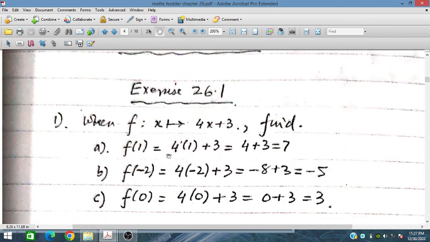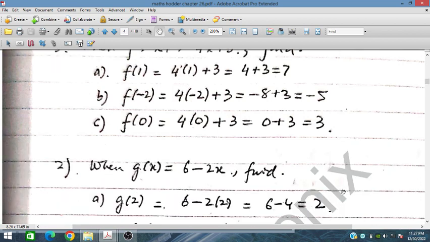Let's start with 26.1, where f applied on x gives 4x plus 3. Find f(1). This is f(x) = 4x + 3, so in place of x we will write 1, and that gives 4 plus 3, which is equal to 7. For f(-2) we have minus 5. You can just place the value in place of x.